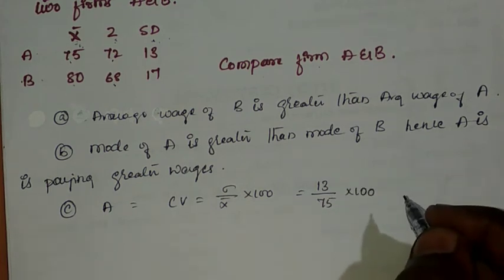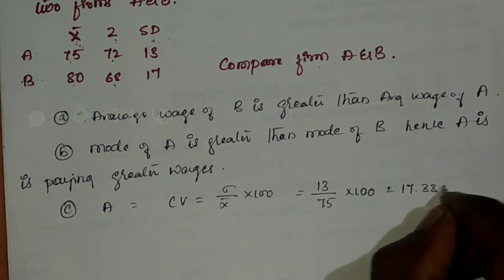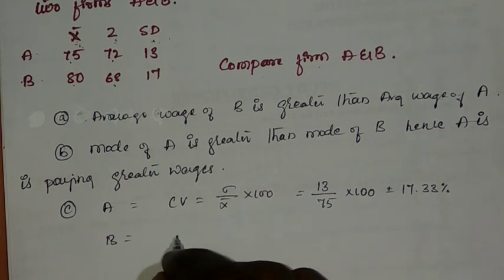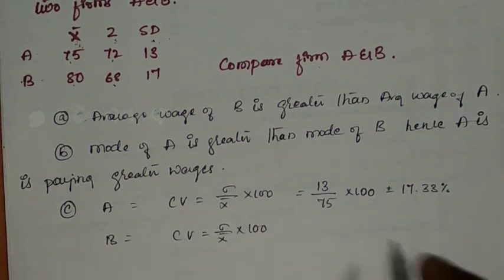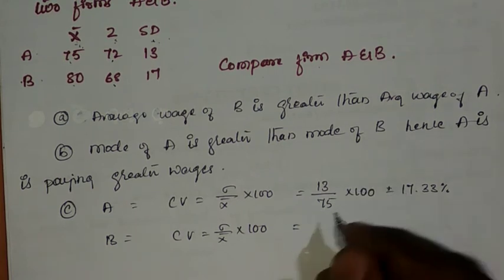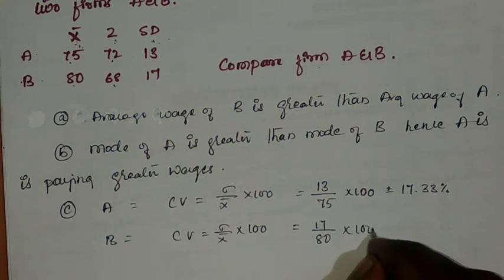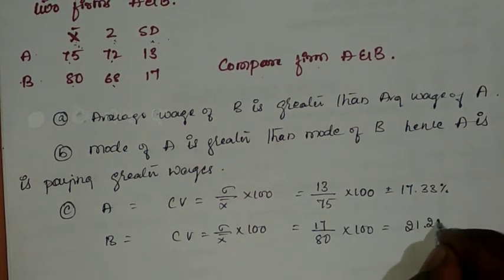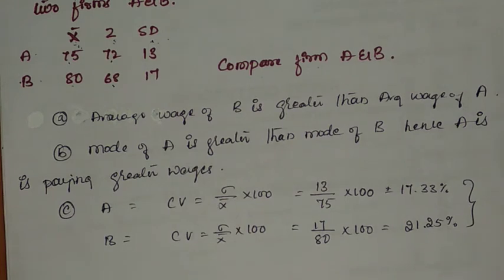So we will get 17.33%, and that of B, CV is equal to standard deviation divided by x bar into 100, that is 17 divided by 80 into 100, you'll get 21.25%.